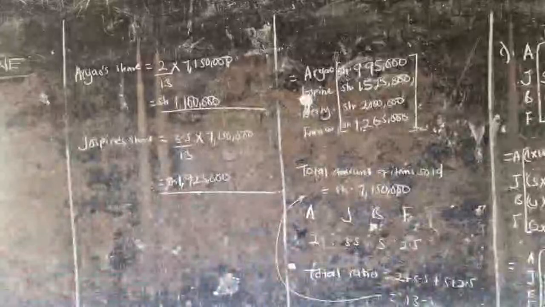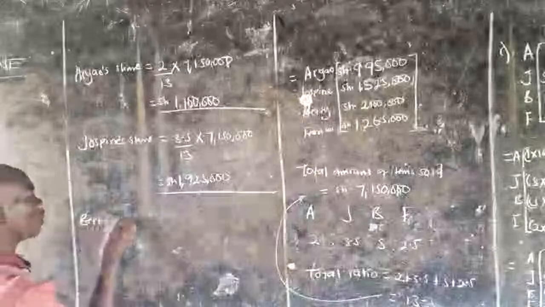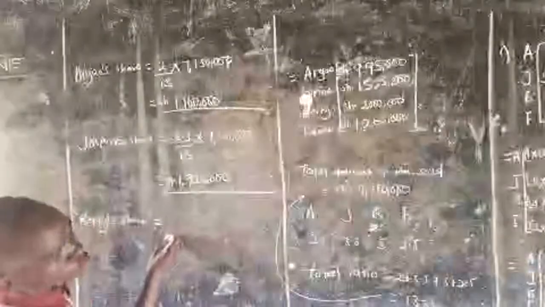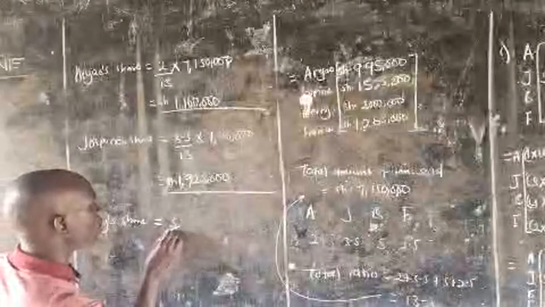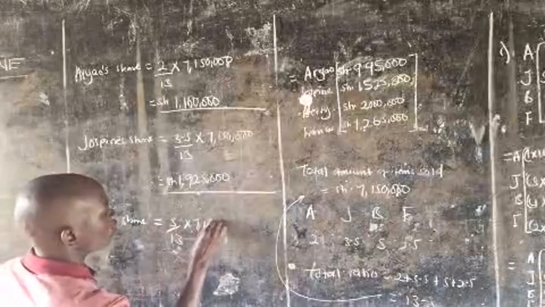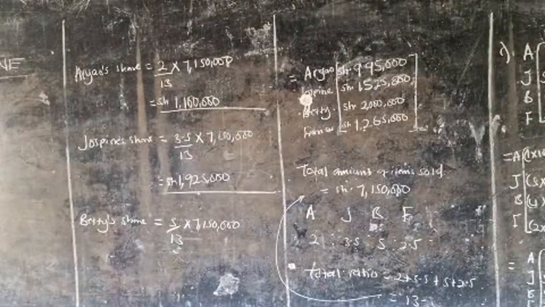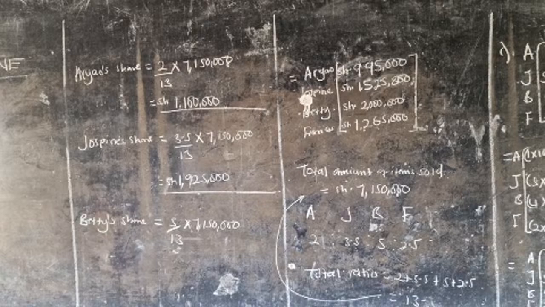Then we have Betty. Betty's share is equal to her parts, 5 parts over the 13, times 7,150,000. So when you look at the parts division, you see that it is Betty who got the highest amount because she has the highest number of parts.